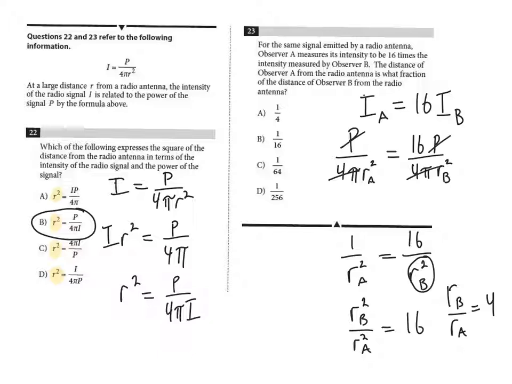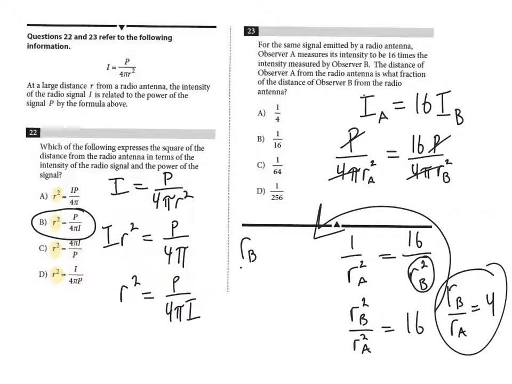Okay, all right, well, this is not quite what we want. We want what fraction A's distance is out of B's distance. So I'm going to write this over here. We have the ratio of B's distance to A's distance equals 4.